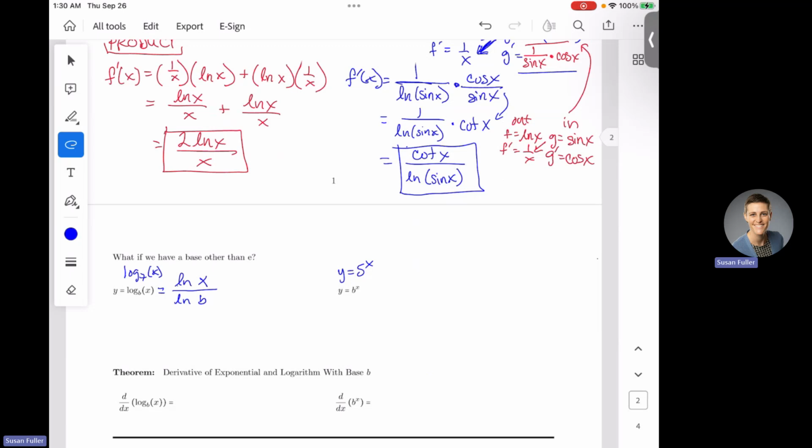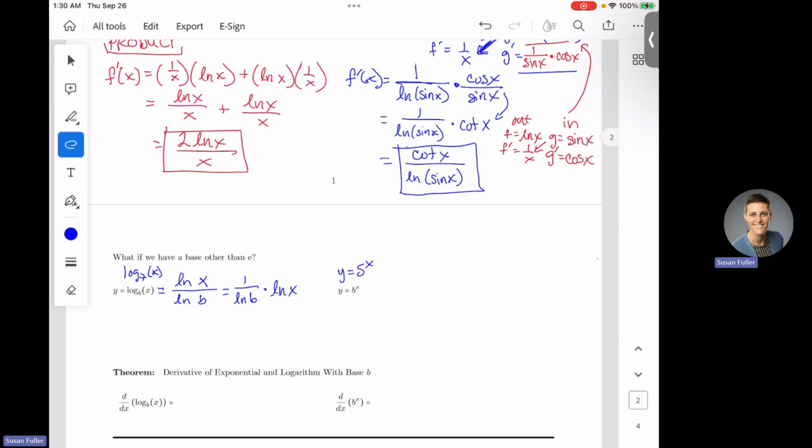Our variable here is x. b is just a number, and the ln of b is also just a number. So I could write this as 1 over ln of b being a coefficient, multiplied by ln x, which is something with a variable in it.